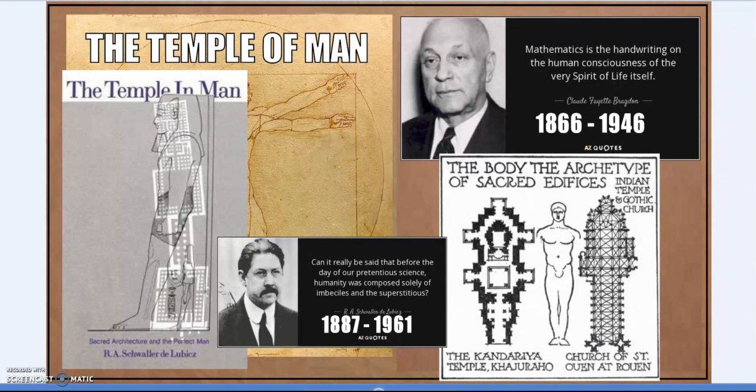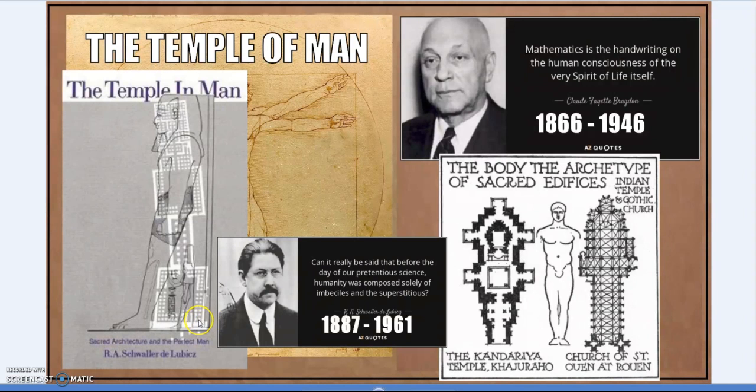As was clearly written by Vitruvius, ancient engineers and architects, and has been studied through the ages, the concept of the proportions of man and the temple of man and how this corresponds. Schwaller de Lubicz did some important work in regards to the fathom, 6 modern feet as we call it, but really 4 cubits is 1 fathom, which is the height or the width of a human body.